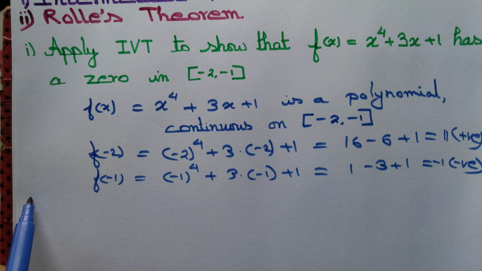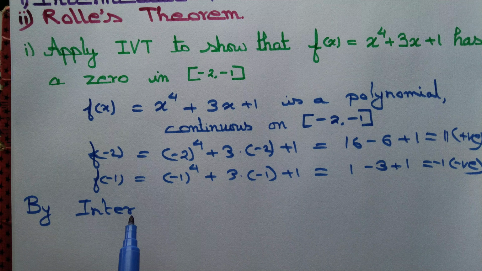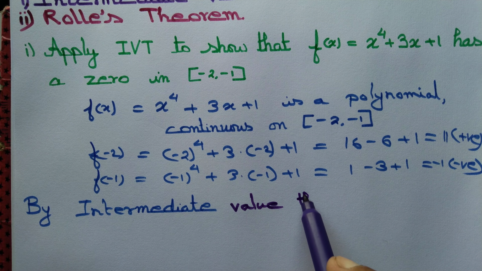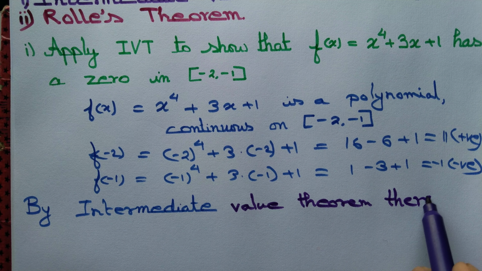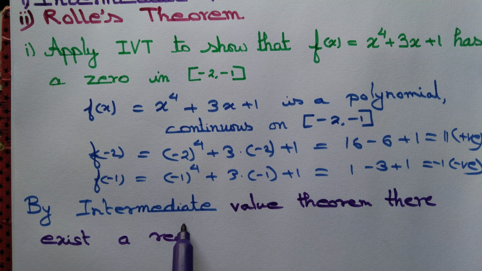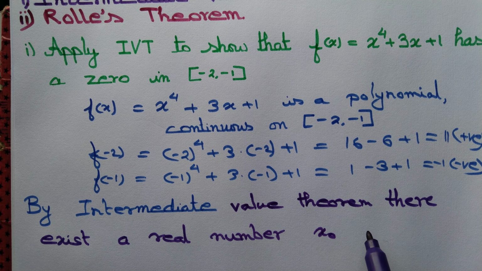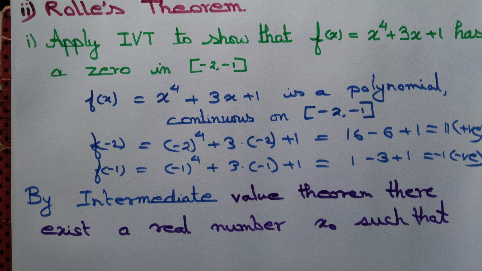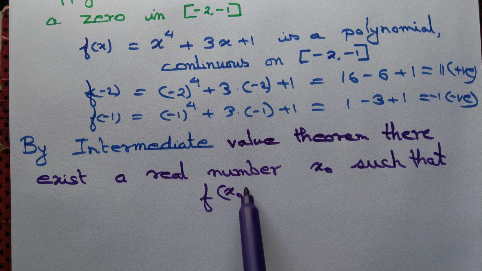By the Intermediate Value Theorem, there exists a real number x naught such that f(x naught) equal to 0.